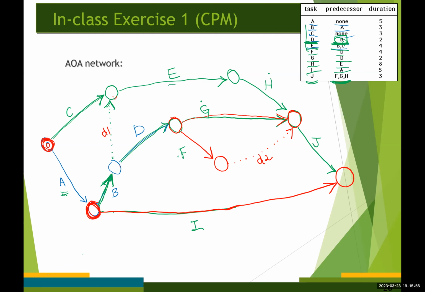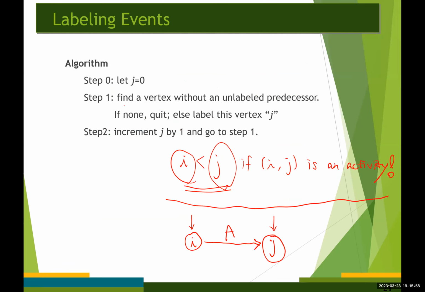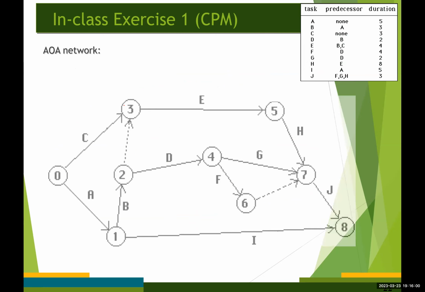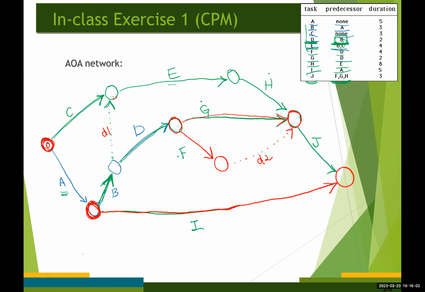This node has the predecessor, which is this, or this, and for this node the predecessor would be this node. So ignoring node number 0, only this node has no predecessor, so it will be node number 1.